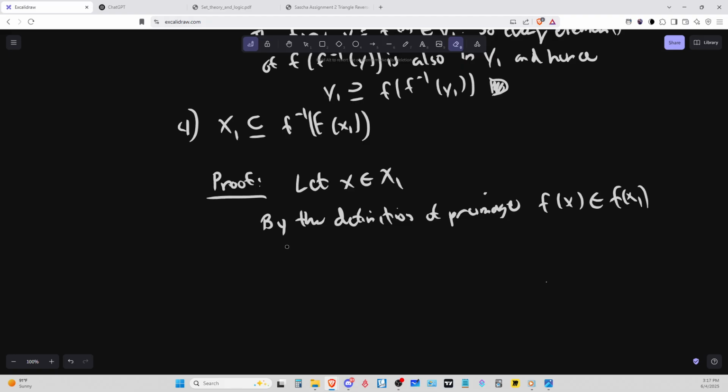By definition of the pre-image. I mean, at least we got through 2 proofs. Although I literally just got through 1, and the other one I actually had to look up.